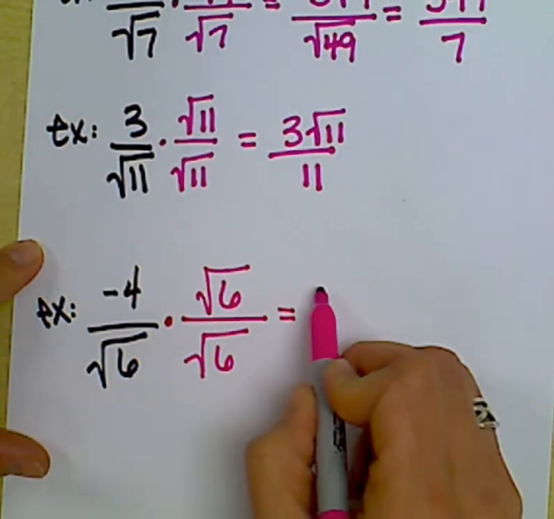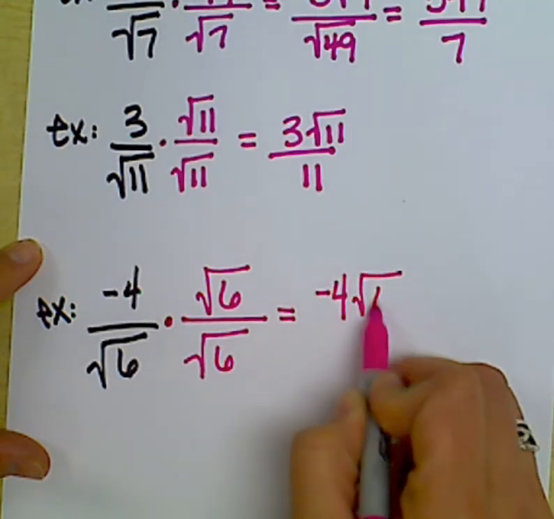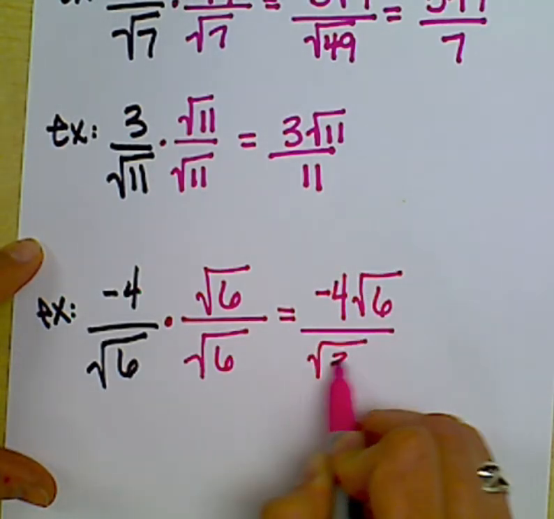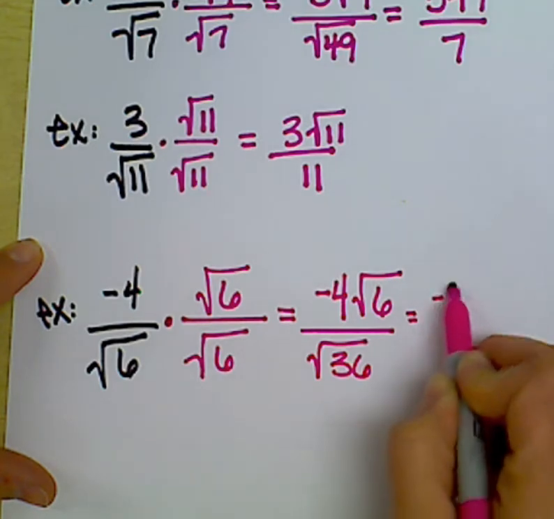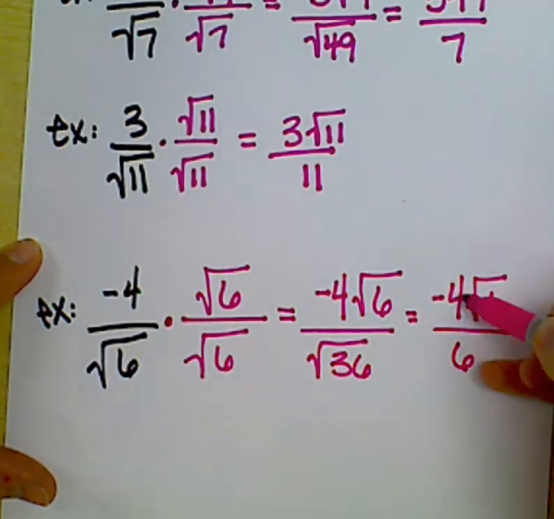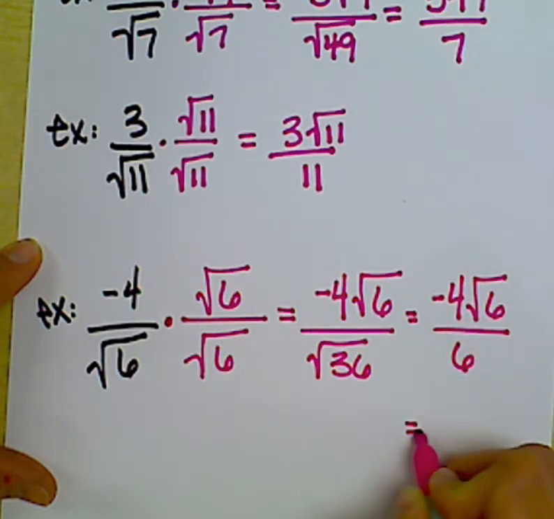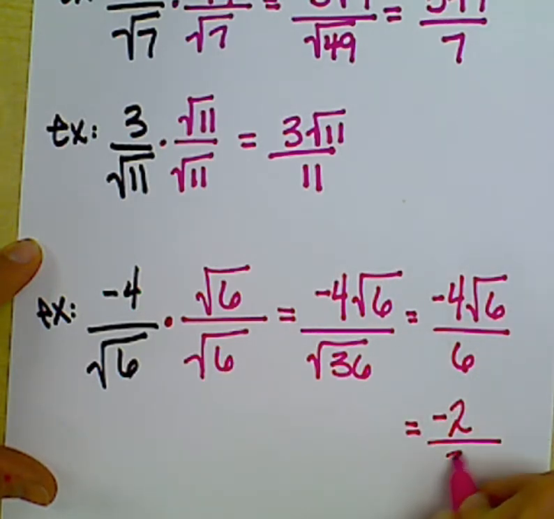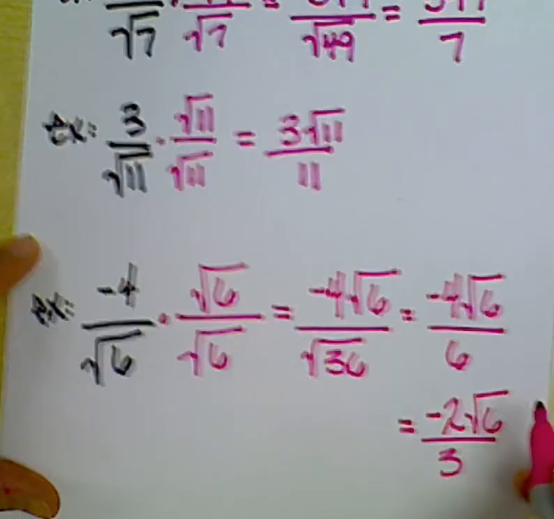And when I multiply straight across, I get negative 4 radical 6 over the square root of 36, which is negative 4 radical 6 over 6. Like terms can reduce, and we're left with negative 2 over 3, but that radical 6 is still there.